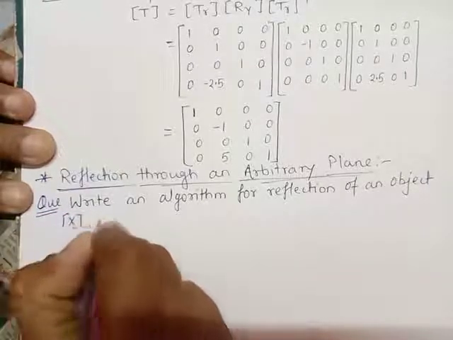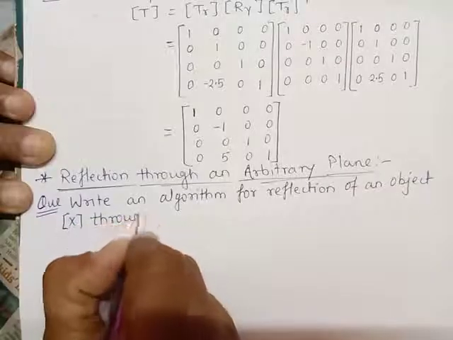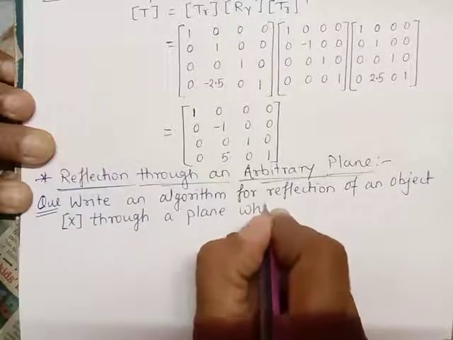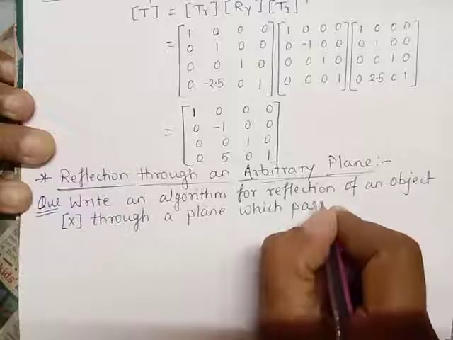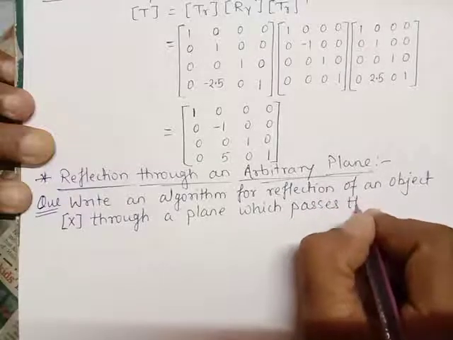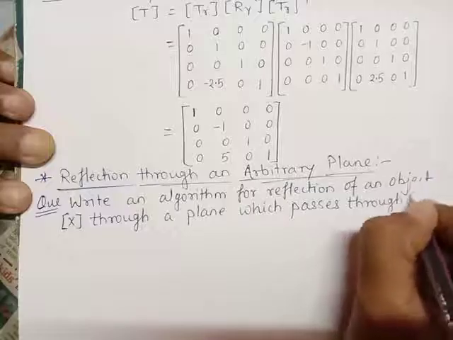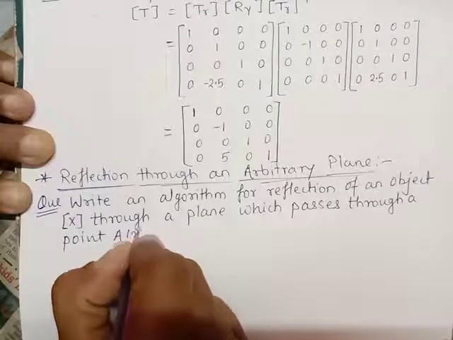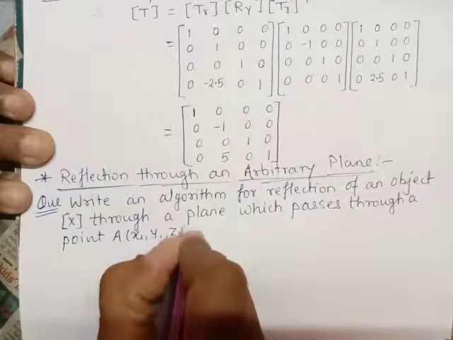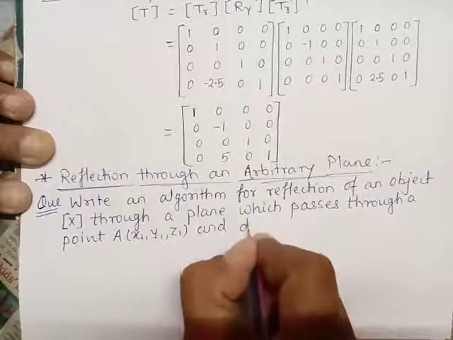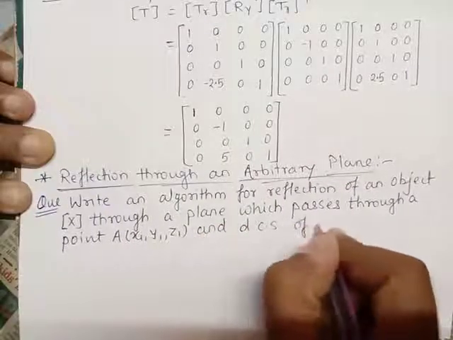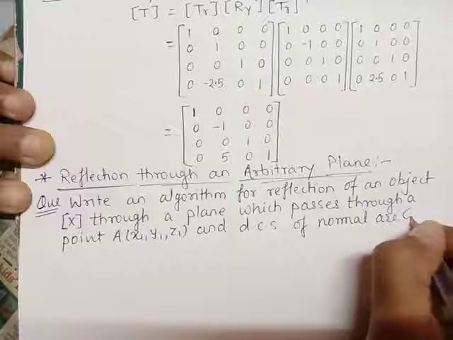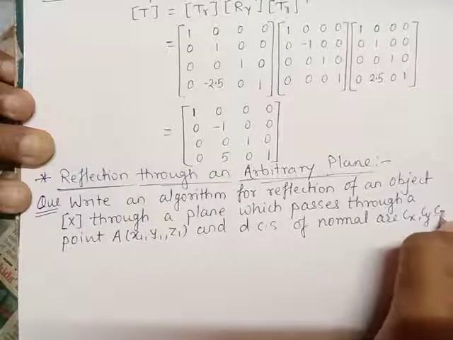Reflection of an object X through a plane which passes through a point A (x1, y1, z1) and direction cosines of normal are Cx, Cy, Cz.